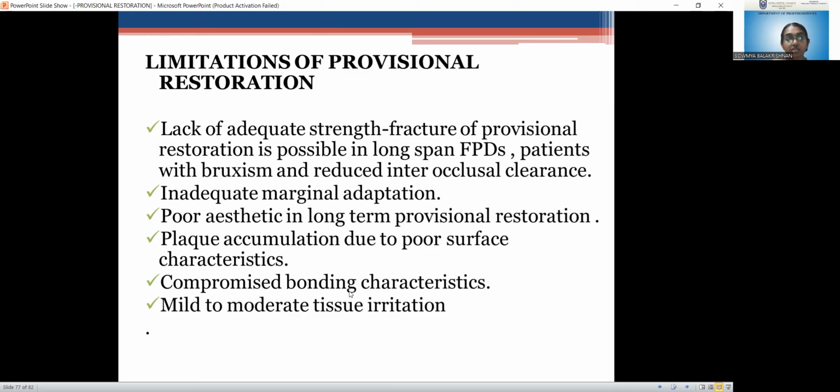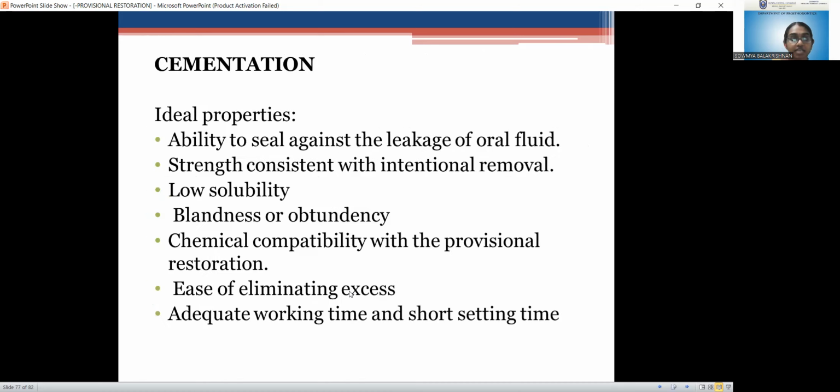There is also inadequate marginal adaptation compared to the definitive restoration, poor aesthetics in long-term provisional restorations, and plaque accumulation. If we don't finish the surface properly, it can lead to plaque accumulation, mild to moderate tissue irritation and compromised bonding characteristics.